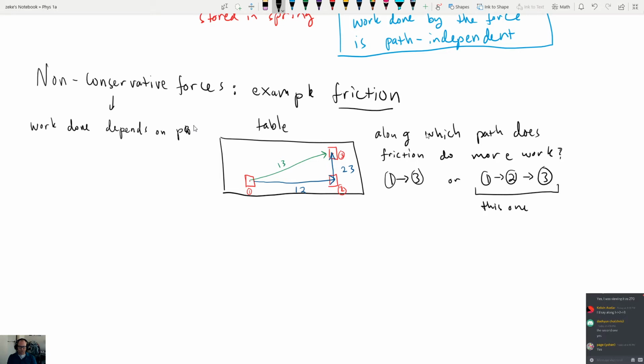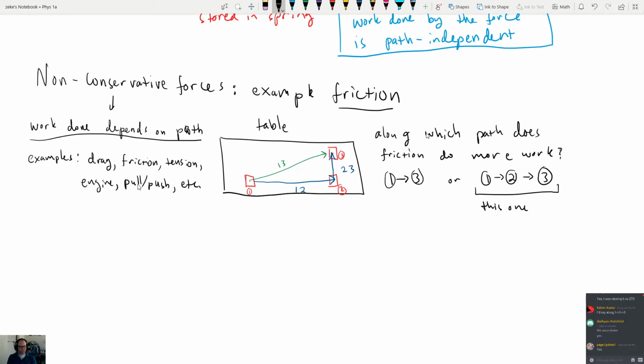I can say pretty much any force in this course that is not gravity and is not a spring is going to be a non-conservative force. So examples of this are everything else: the drag force, obviously friction that we just talked about, tension, the force of an engine, like a car, the force of pulling or pushing by a person.